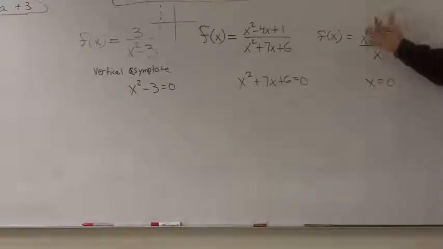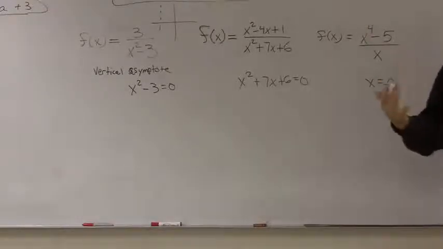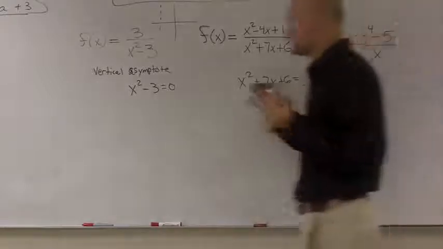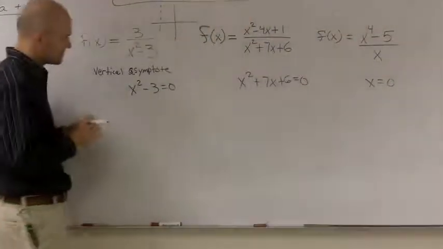Since it's not part of my domain, it's not an x value in my function, or my function is not defined for that value. Therefore, it's what we call an asymptote, meaning that when you look at a graph, the graph is never going to have a value at that point. We'll get into it when we talk about graphing, and you'll see what I'm talking about.